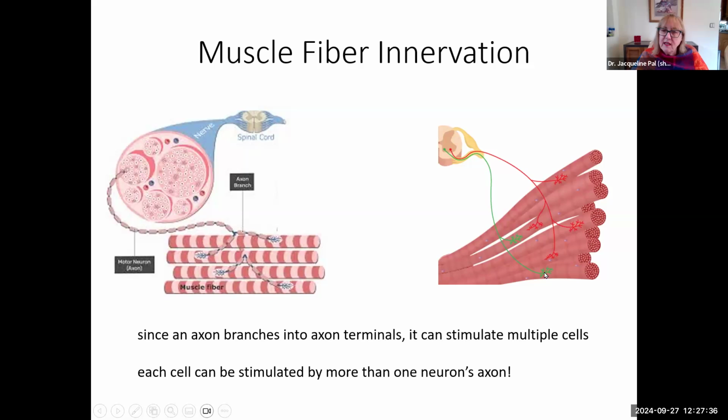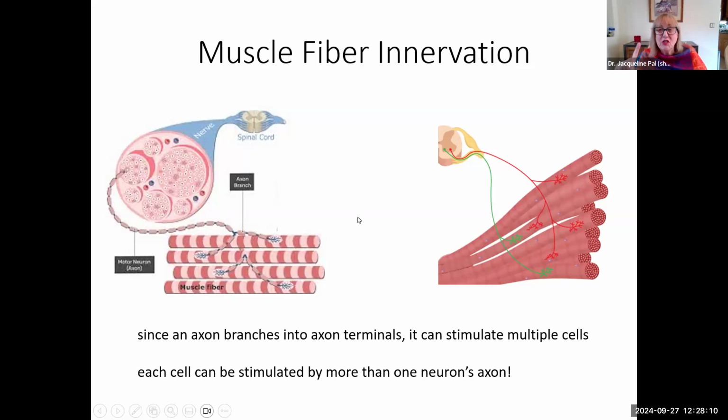And what you can see is that one of the myocytes the green neuron is stimulating was also stimulated by the red neuron. So that shows that a myocyte can be stimulated by more than one neuron, not by more than one nerve, but by more than one neuron of that nerve.